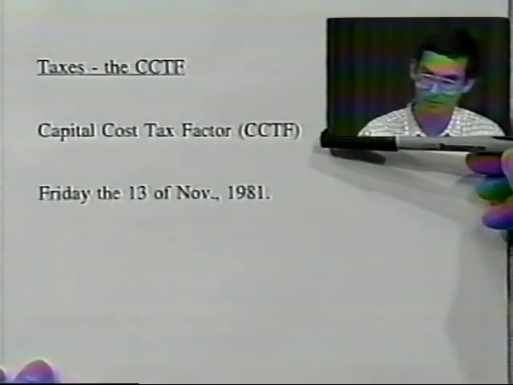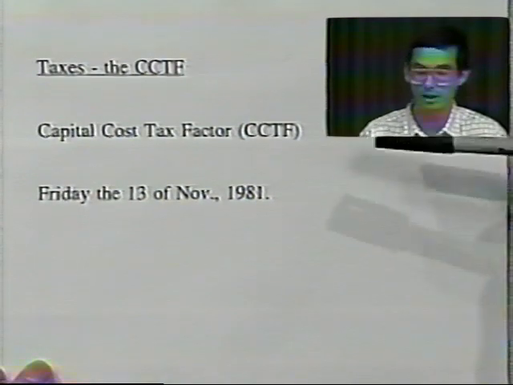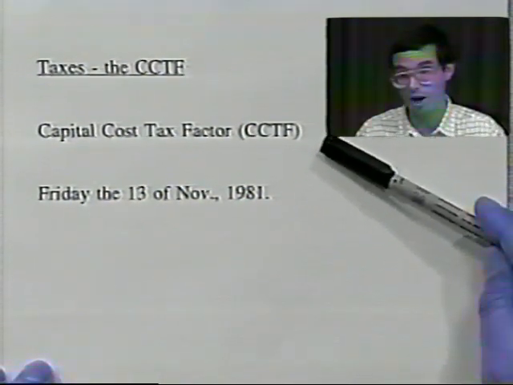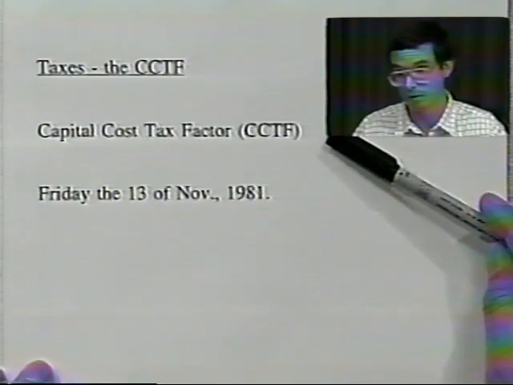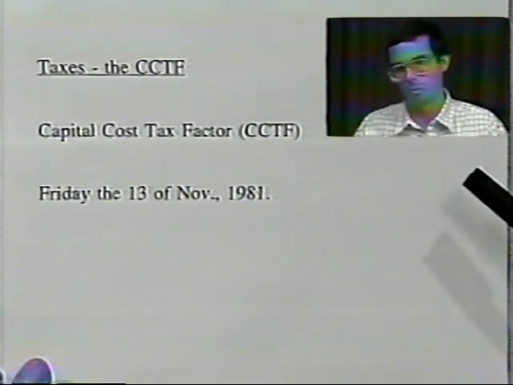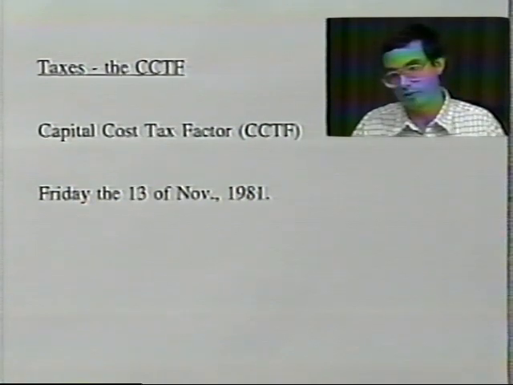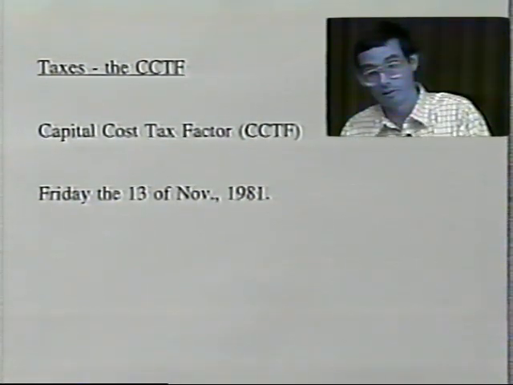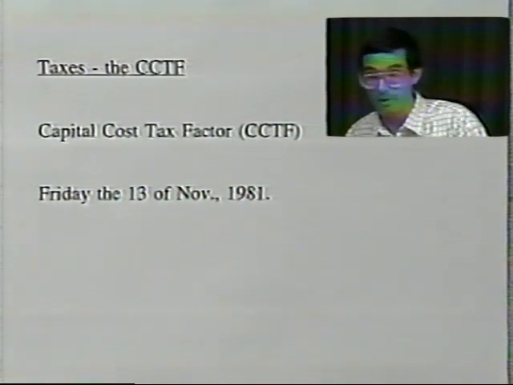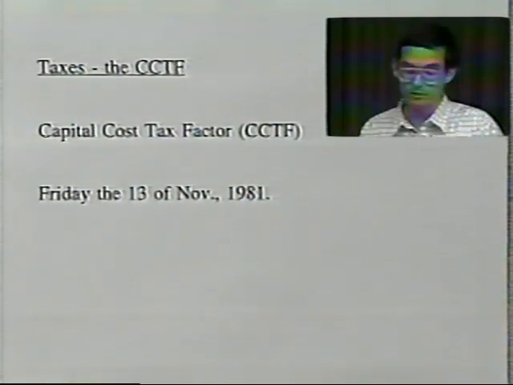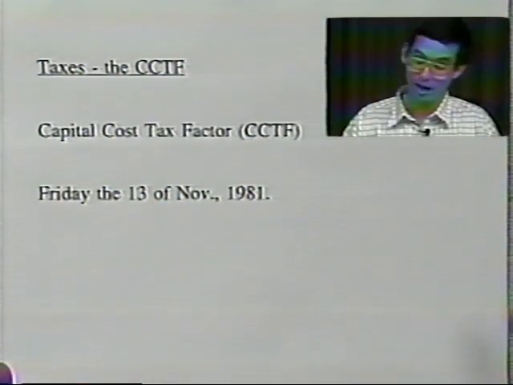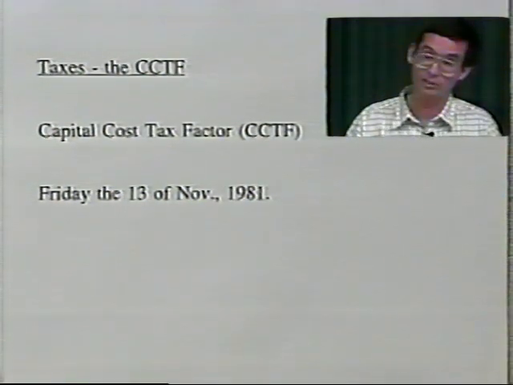Now, the capital cost tax factor is simply a number that we can multiply the first cost of an asset by to find out what its first cost is, including all of these savings we're incurring through future tax benefits. So, in fact, our cost is less than it seems, and the capital cost tax factor tells us by how much.